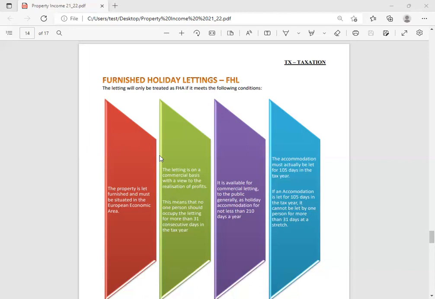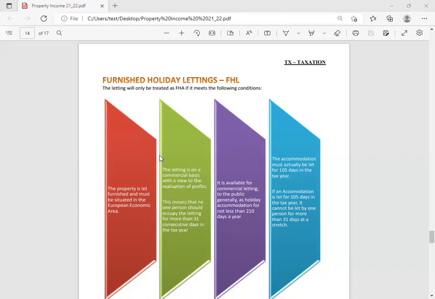Next, out of these 210 days, 105 days must be actual letting. And we know that one tenant should not occupy it for more than 31 days. So in 105 days, it must be more than one person. So these are the conditions to satisfy.